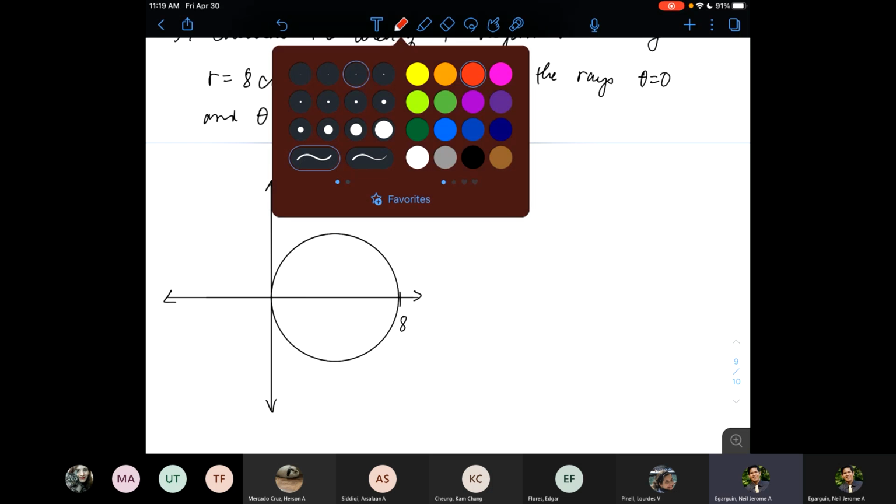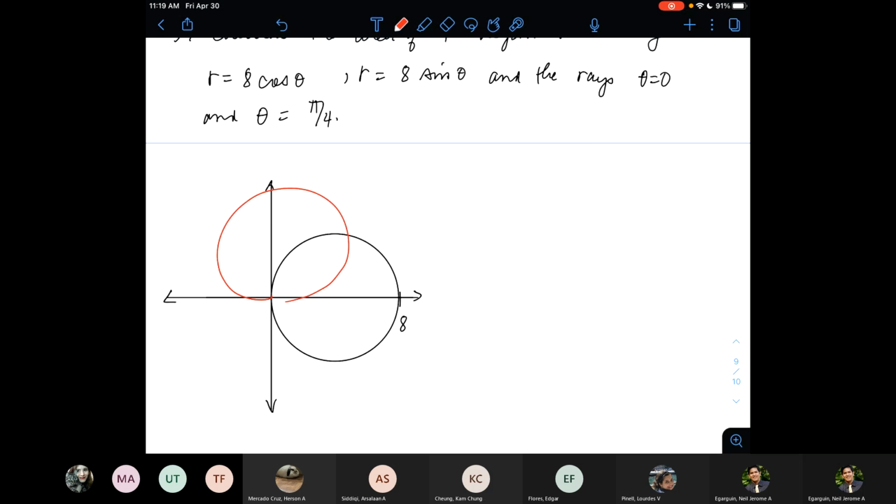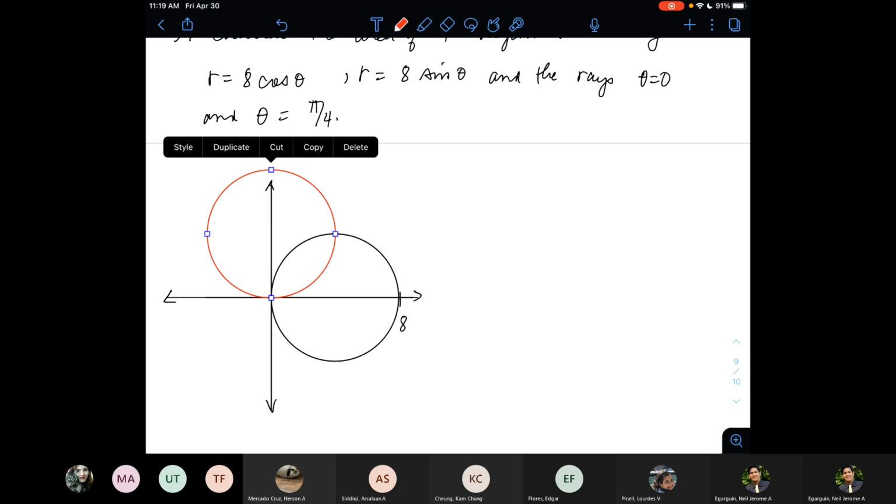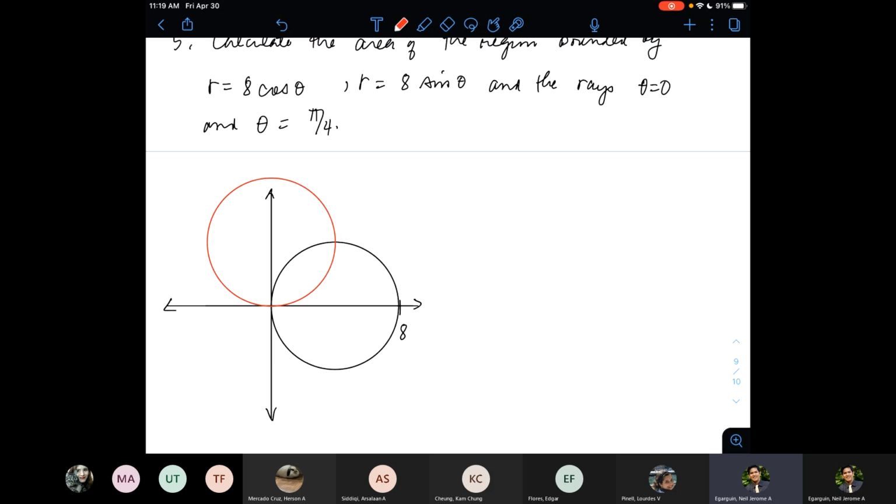Okay, and then the rays are theta equals 0. So here's your theta equals 0. This is theta equals 0, and theta equals pi over 4 should be somewhere here.